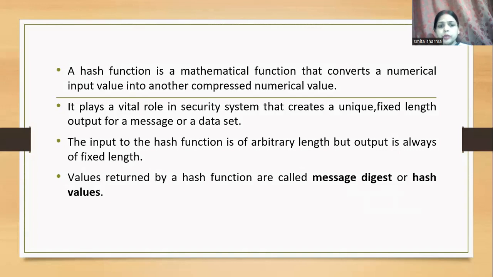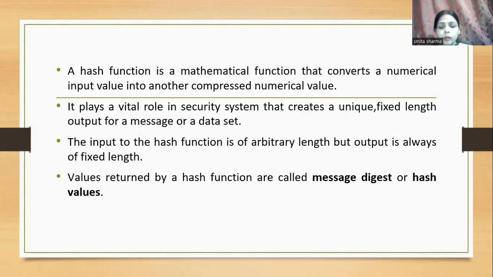The next important point about the hash function is that the input to the hash function is of arbitrary length, but the output that we get after processing through the hash function is always of fixed length. The values generated by the hash function are called message digest or hash values.